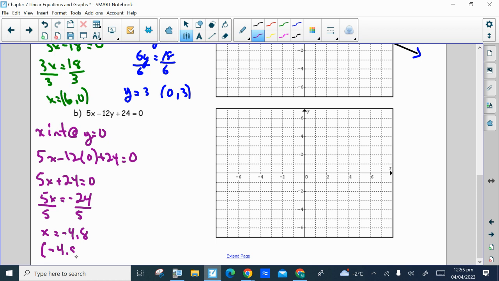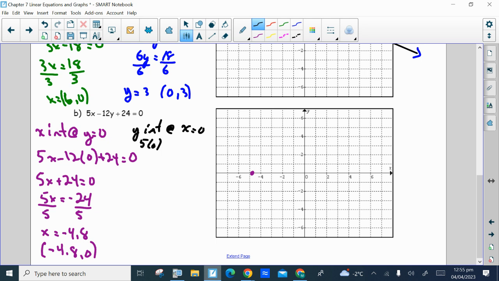So that's the x value when y is 0. So that's the coordinates of that point, negative 4.8 comma 0. So we're going to kind of estimate where negative 4.8 is on the x-axis. So that's our x-intercept.